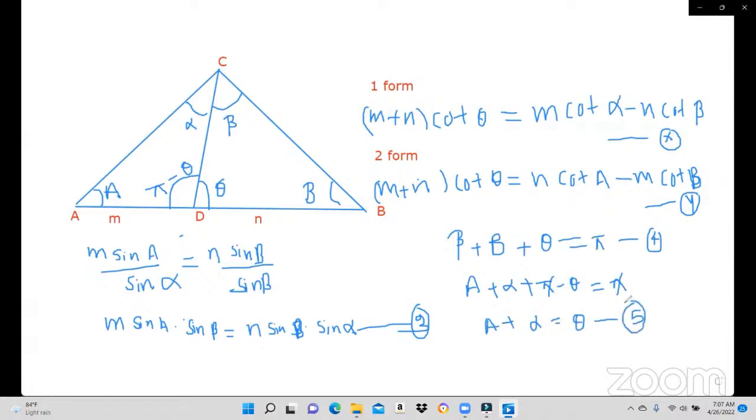After getting these two equations, 4 and 5, we can substitute them in equation number 3, and by simplifying, we can reach our result. Guys, I will again write equation number 3.